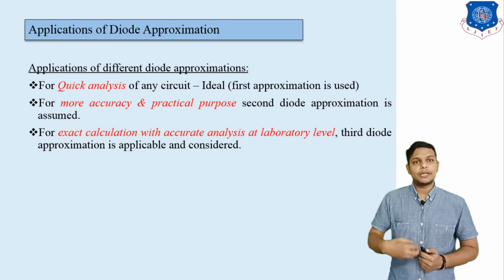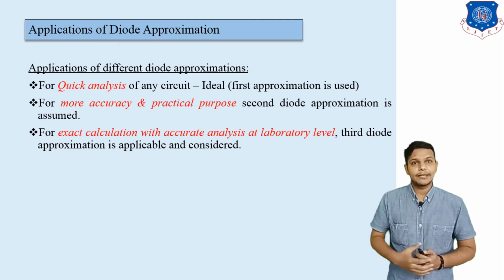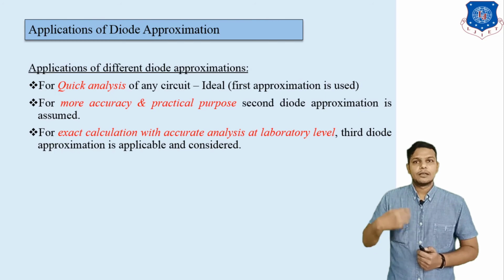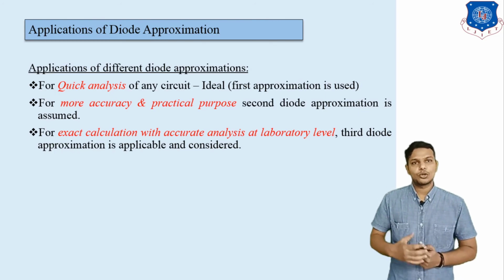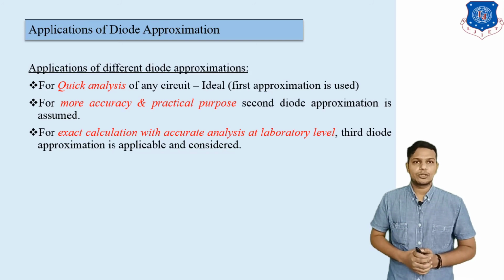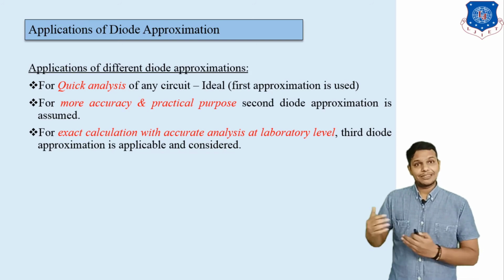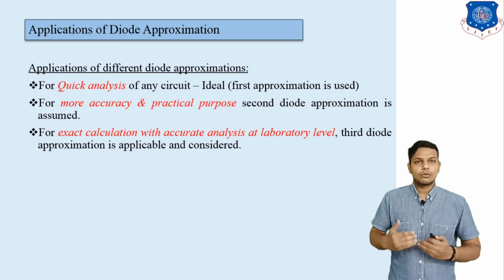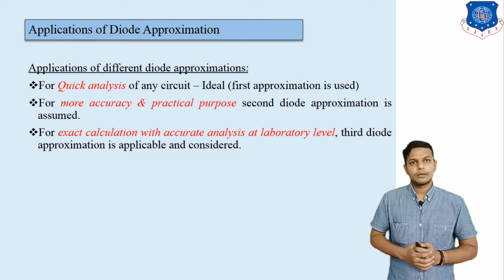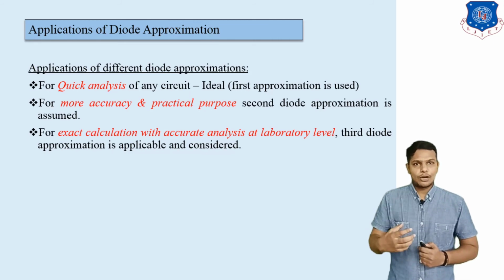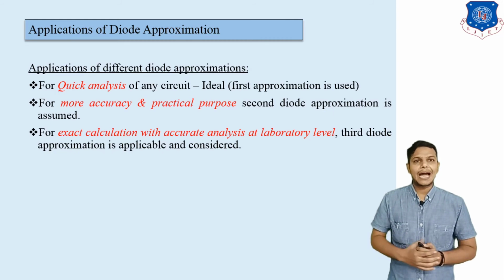If you want to be more accurate, then you might say, I am 21 years, 9 months and 3 days. So it is an exact calculation with accurate analysis at laboratory level. So it is considered as the third diode approximation. With this example, we can understand why we are using approximations with the diode. Basically, the first diode approximation is basic level, which means the ideal one.